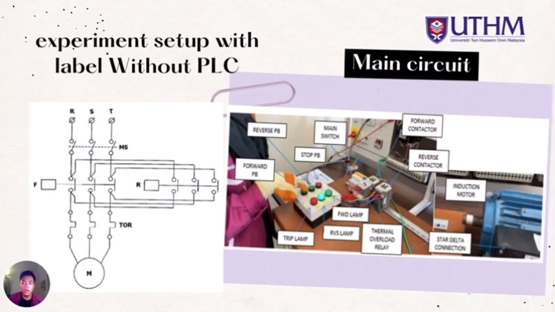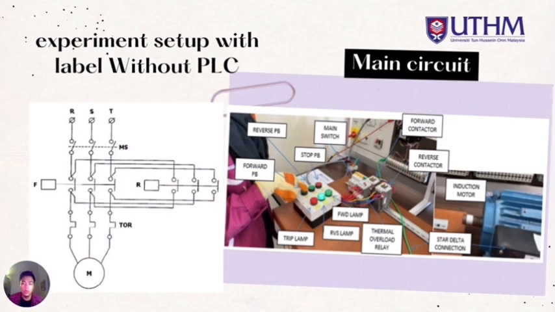The output wires for the forward contactor, U, V, W, will connect directly to the three-phase input of the TOR, and the TOR output RST is connected to the motor. But the output of the reverse contactor is different, where the U or red wire needs to connect to S of the TOR, while the V or yellow wire needs to connect to R of the TOR, to produce the reverse direction rotation for the motor.